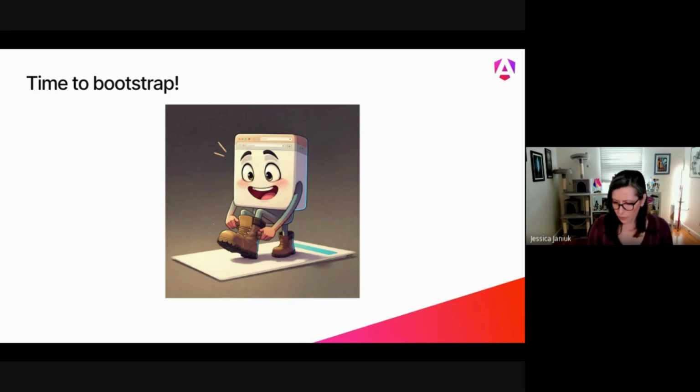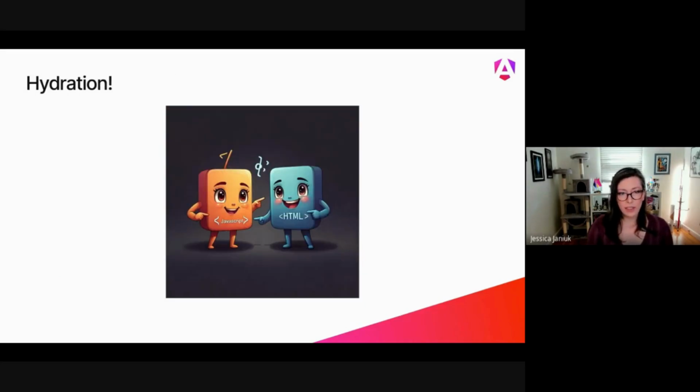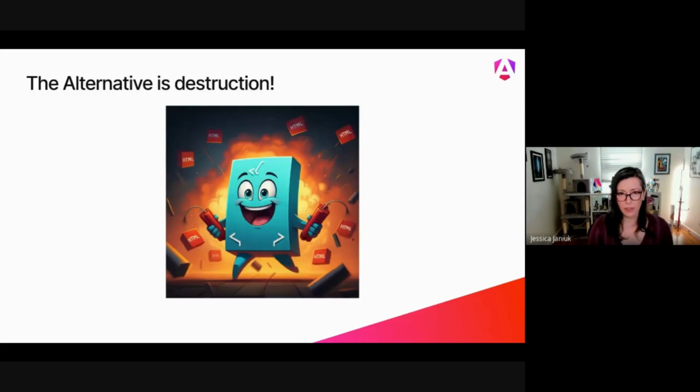And essentially, when that bootstrap occurs, the hydration process has to begin. And that's essentially what's happening here. So the JavaScript is going, hey, I see that there's some HTML there. Now, in the past, what happened is we would go, hey, I see that HTML.